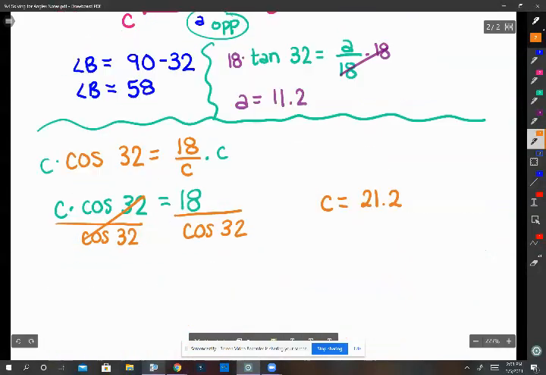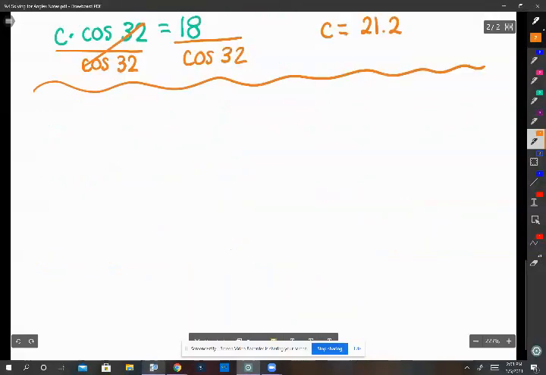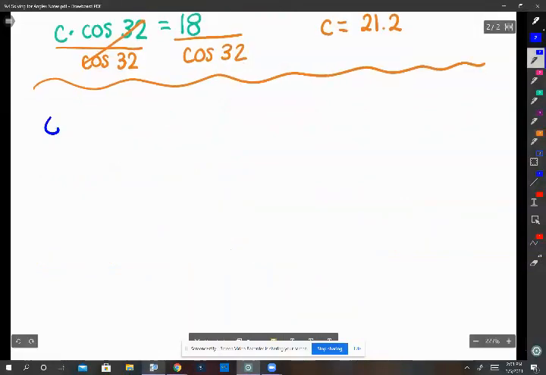All right, so sometimes it looks nice like that. As we look at example 6, again, they don't have to give you a triangle. They could just give you the pieces.